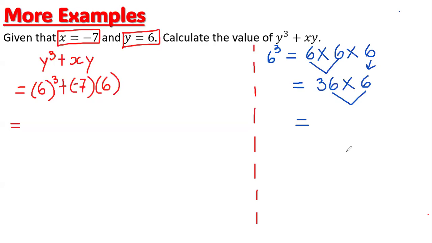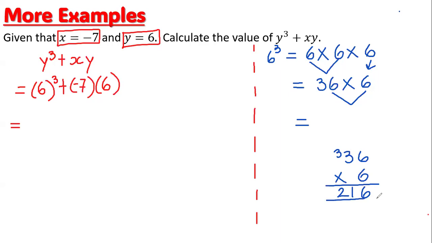Then we have 36 multiplied by 6. 6 times 6 is 36. Put the 6 down, put the 3 above. 6 times 3 is 18, and 18 plus 3 is 21.